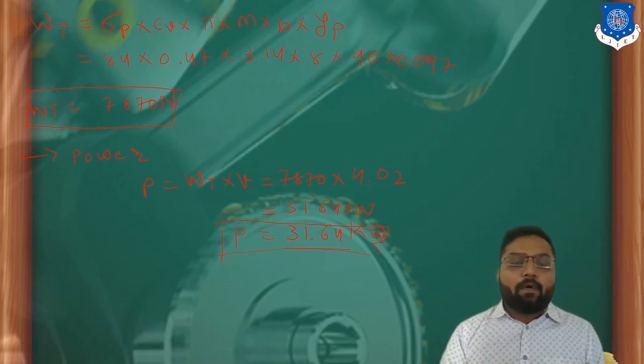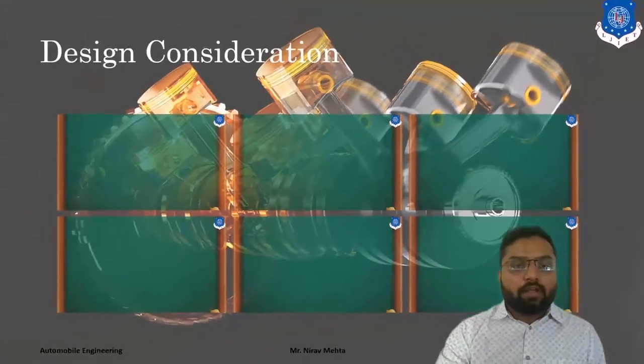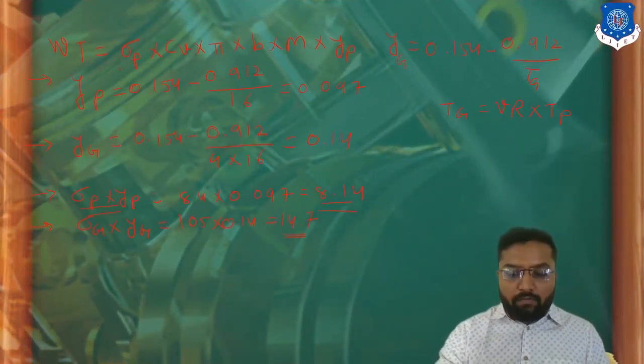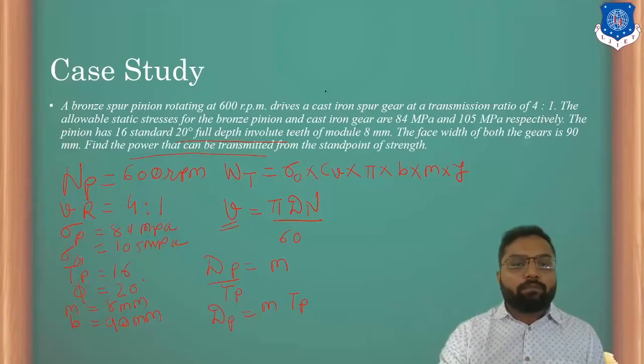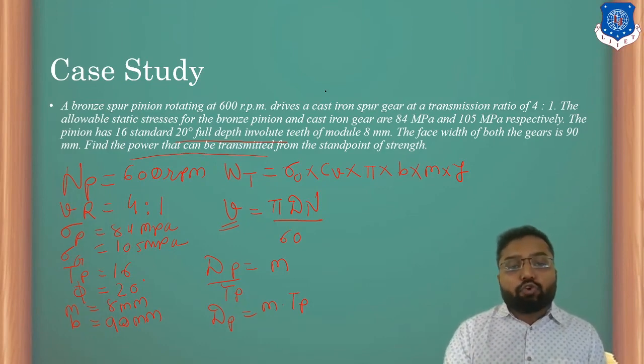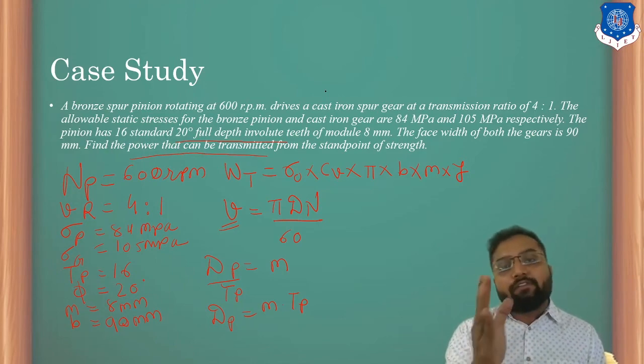Let's recap what we have learned today. We started this design consideration from this case study, where we were given input data and asked to find power, which depends on thrust load and velocity.